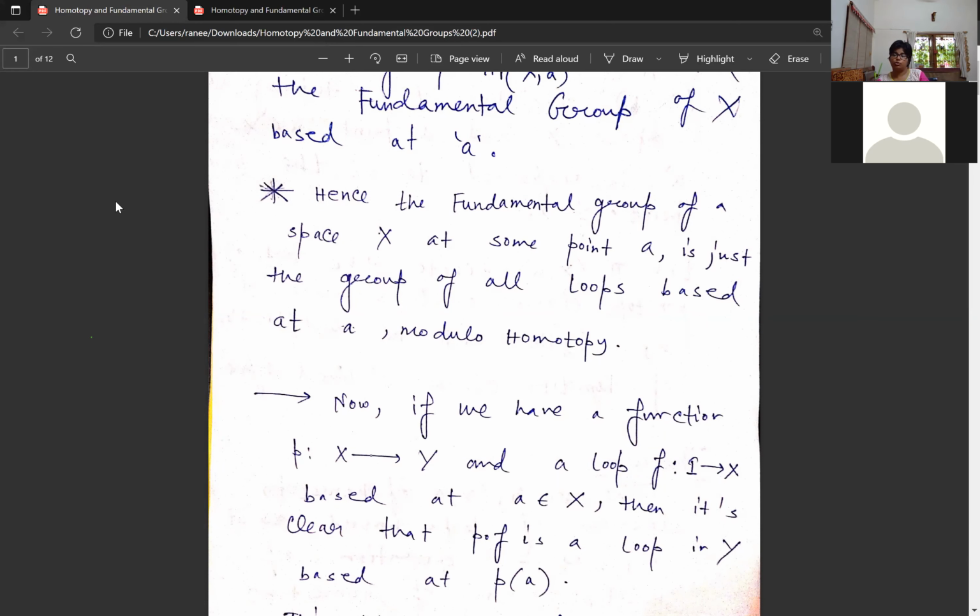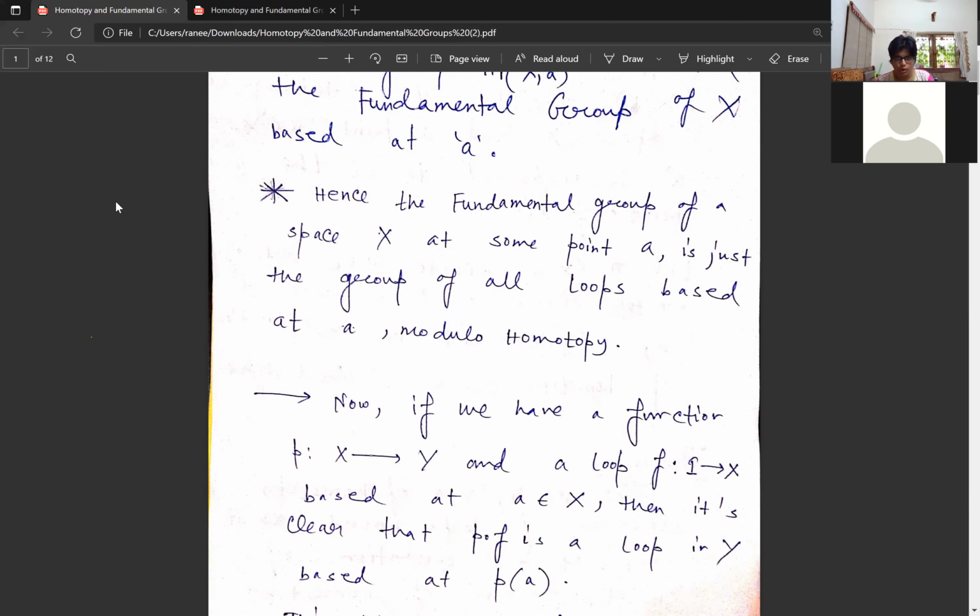Let's say you have a topological space X and you are taking all the loops at the point, let's say at the point A. Will that form a group? Do you understand my question?